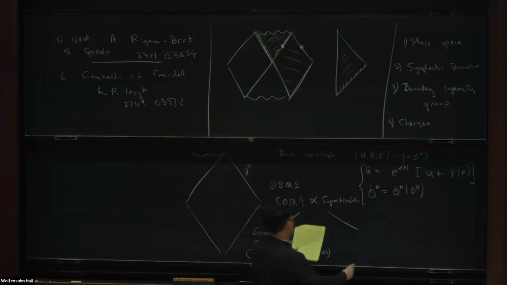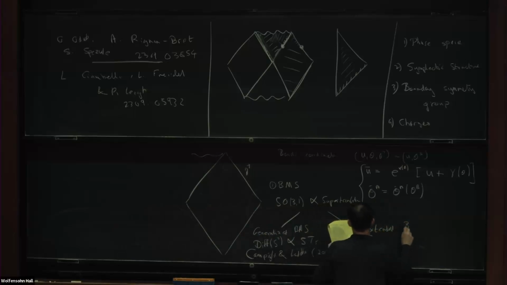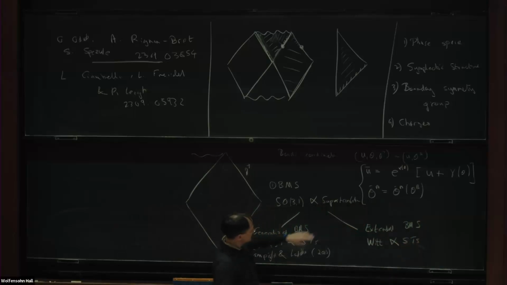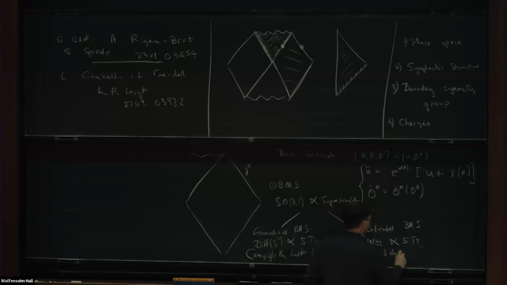And the other extension is the extended BMS group, which I'm going to write as Witt semi-direct product supertranslations, which instead changes these transformations to be local conformal isometries instead of global conformal isometries of the two-sphere. And this is due to Barnich, 2010.